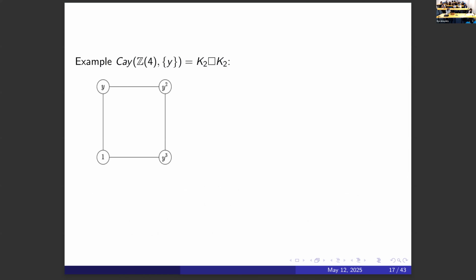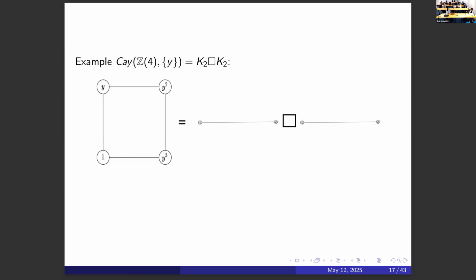So just an example of what this graph product looks like. If we take K2, which just has two vertices and then one edge between the two, and take the direct product with it in terms of the graph product, it's the same as taking this and putting it on that side and putting another one on that side.